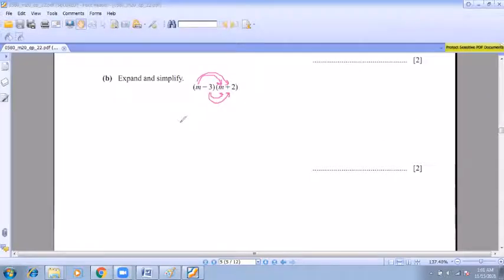So you will get m squared minus 3m, and then plus 2m, minus multiply with plus, so minus 6. We have like terms, these two. So m squared minus m minus 6. This is the answer of question number 9. I hope you get it, how to multiply, how to add, or how to simplify.